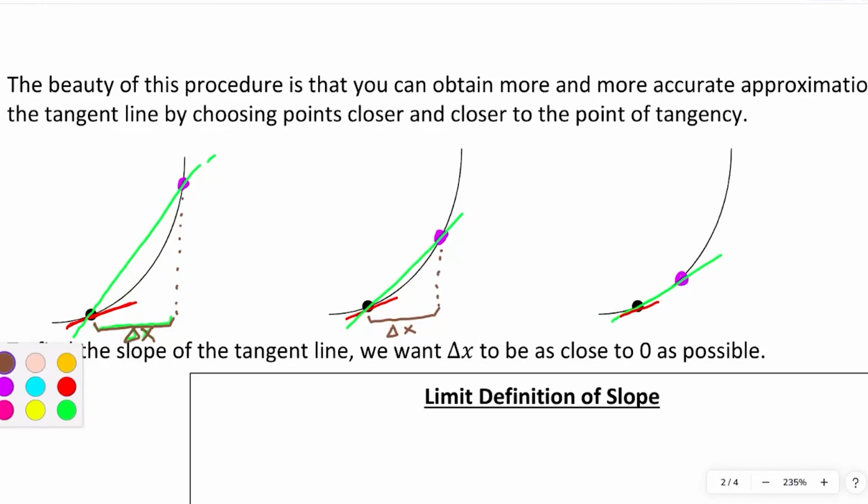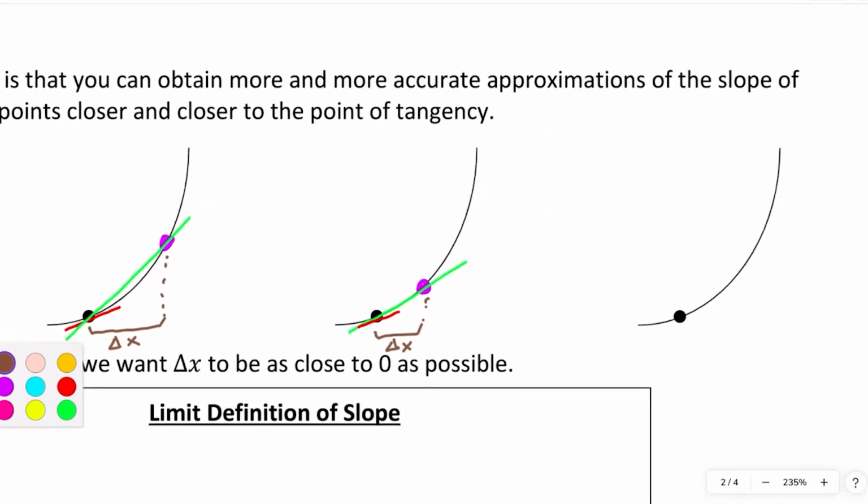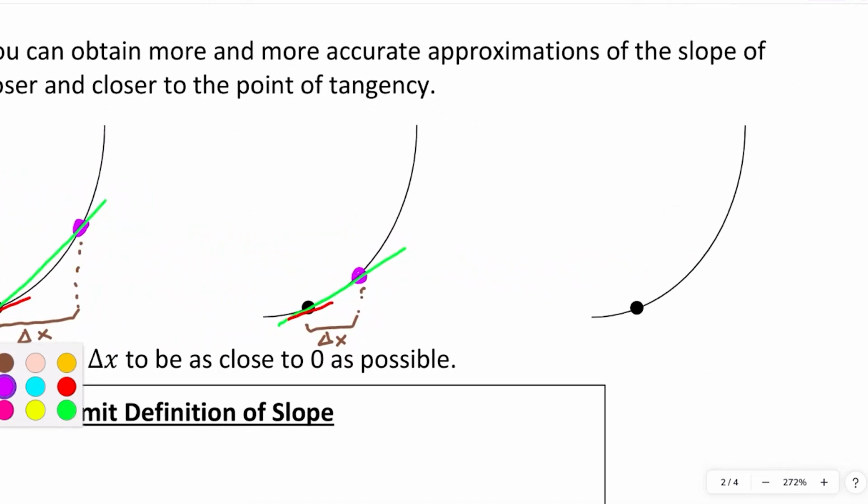Okay, so this is delta x in the case where we're pretty close, but really you want to get as close as you can. If I put these 2 points right next to each other and make my delta x very small, now my tangent line is going to look very similar. Let me try to draw that again.